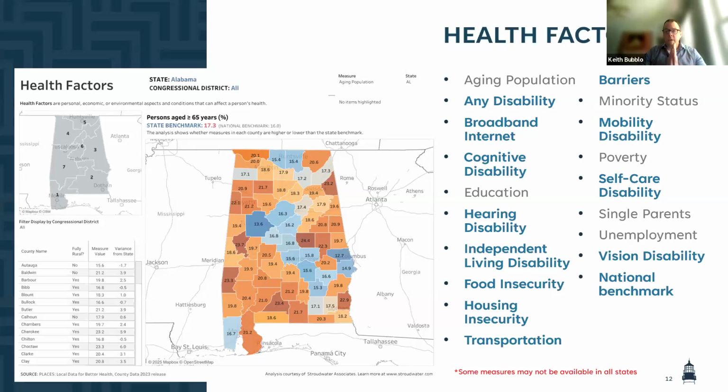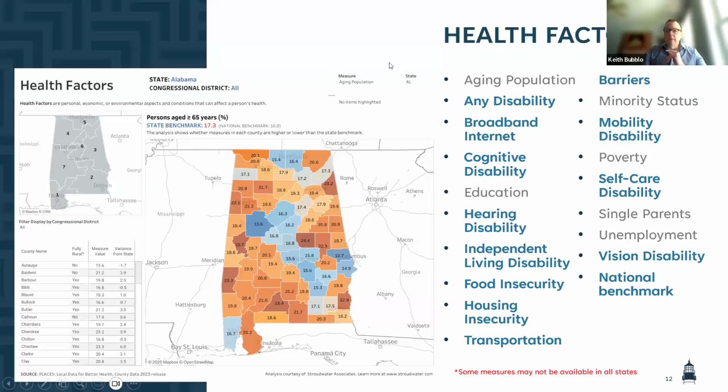So health factors is a newer one that we added as well. Looking at aging population, where are the people that are over 65? What's the percentage of people with any kind of disability, whether overall, hearing, cognitive, or independent living disabilities?